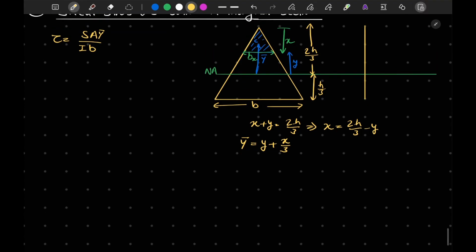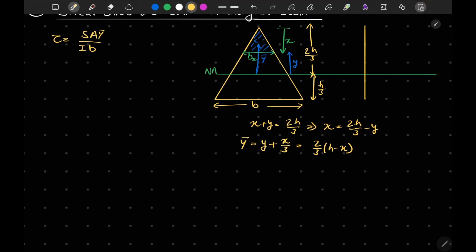So let me convert this into terms of x only. For that I can write y is equal to 2 by 3 h minus x, so this will become 2 by 3 times h minus x.